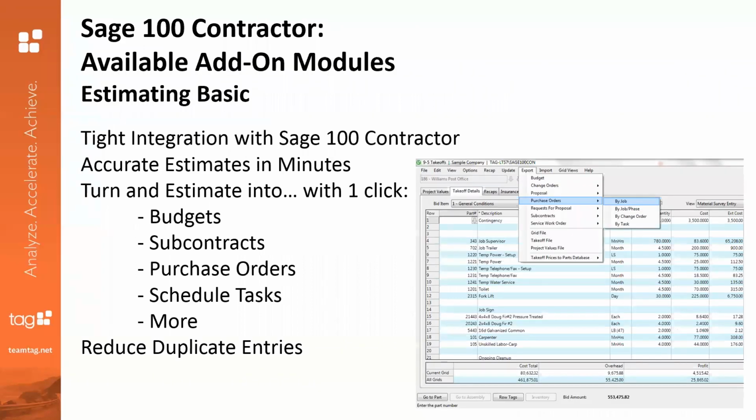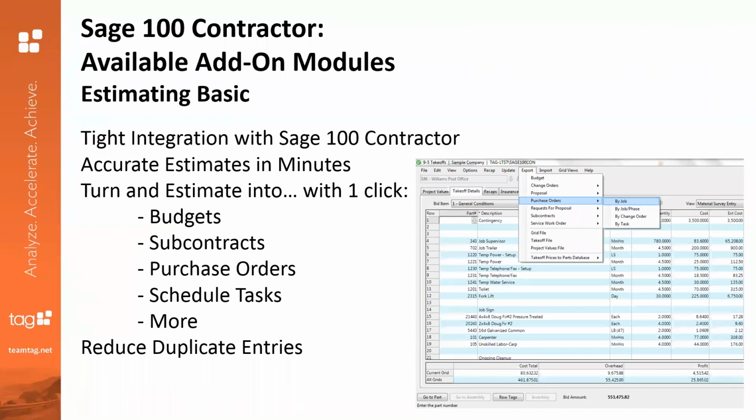So we'll get started. First thing that we'll talk about is Estimating Basic. Estimating Basic allows you to create accurate and more profitable estimates within minutes. And because the Estimating Basic application is tightly integrated with the rest of Sage 100 Contractor, once you win a bid, just a few mouse clicks allow you to generate that budget automatically into the project.